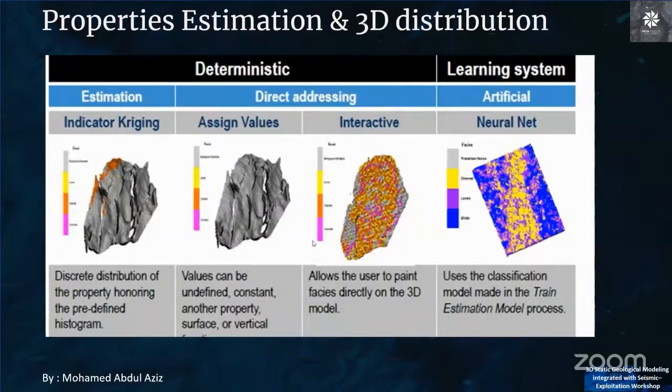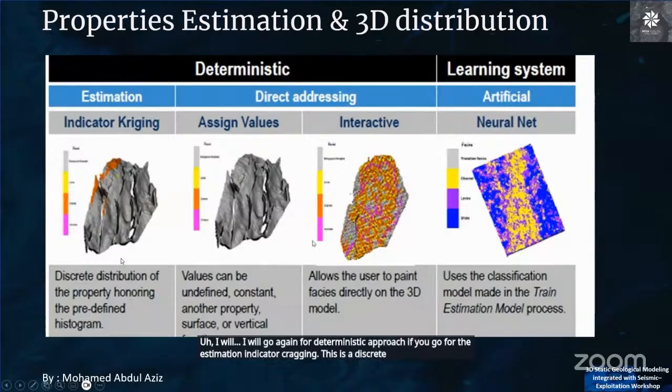I will go again for the deterministic approach. If you go for the estimation, indicator Kriging, this is a discrete distribution for probability, which honors the well data so much, and it tries to interpolate between the well data together in a weighted average interpolation mode, okay?